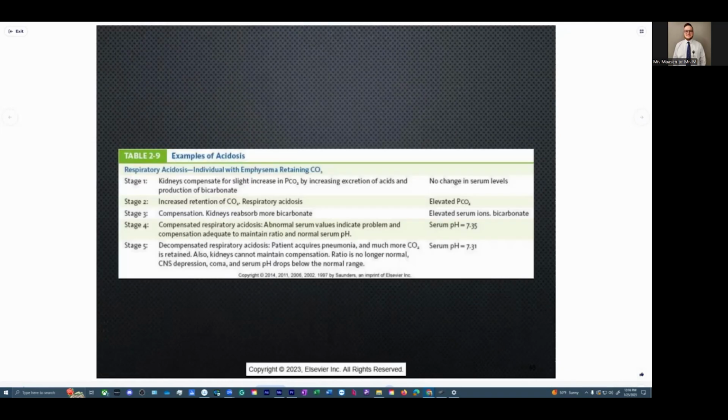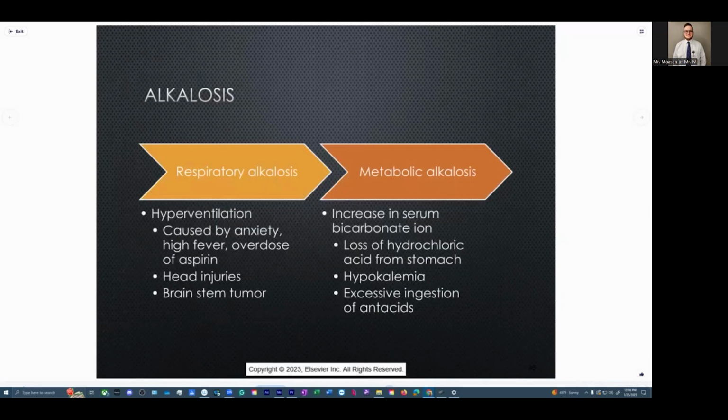So, what does acidosis affect? Well, again, with acidosis, the kidneys are going to try and compensate, lungs will try and compensate, but we're going to end up with higher acids, higher CO2, and eventually our body will not be able to compensate anymore. For alkalosis, the respiratory cause again is anxiety attack, breathing like that.